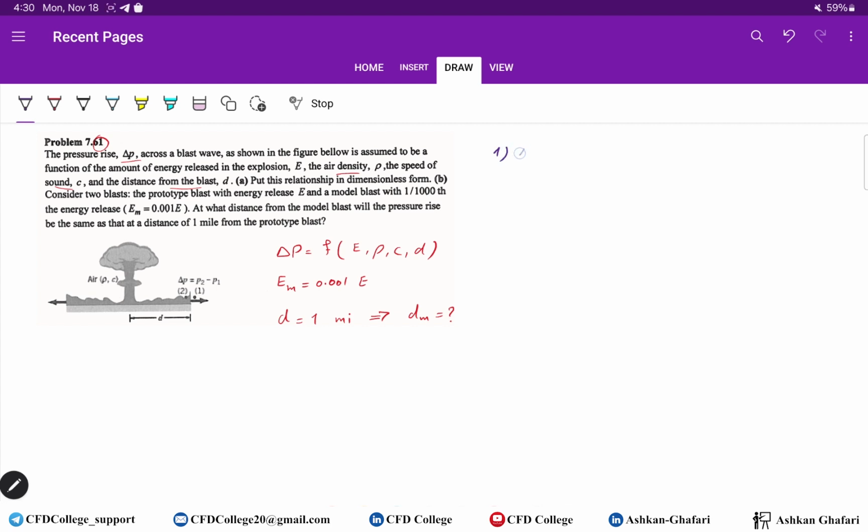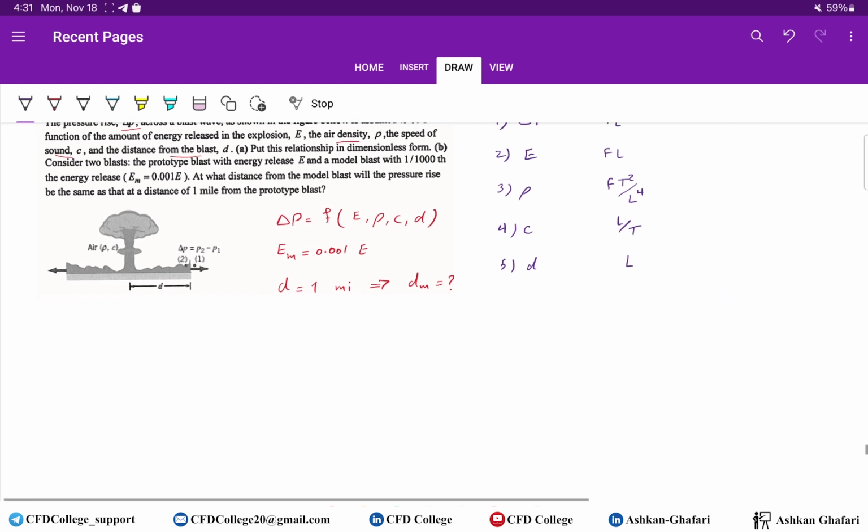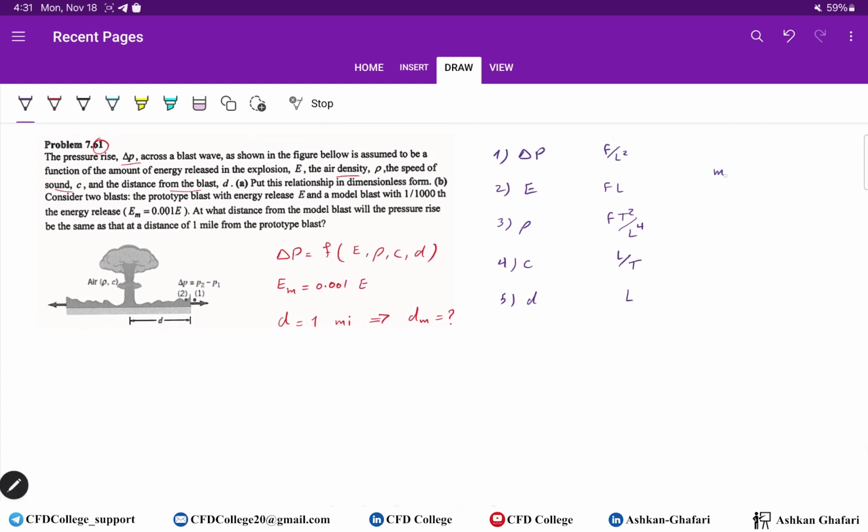So first, making the list: delta P has dimensions F over L square, energy is F L, the third one, rho, is F T square over L to the power 4, speed, the sound speed, is L over T, and the last one, which is D, has the dimension of L. Okay, so we have 5 quantities.